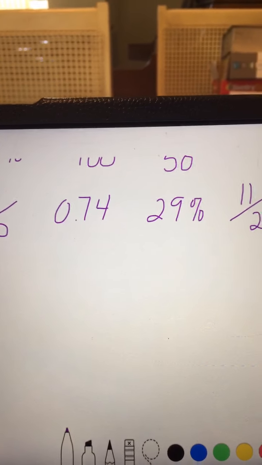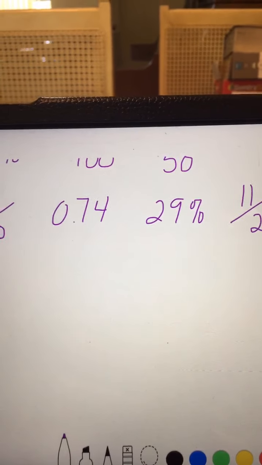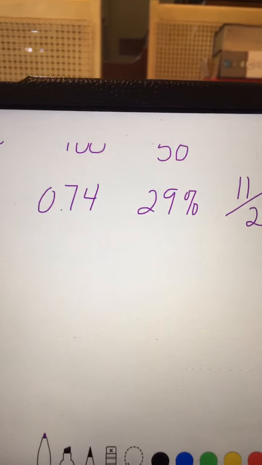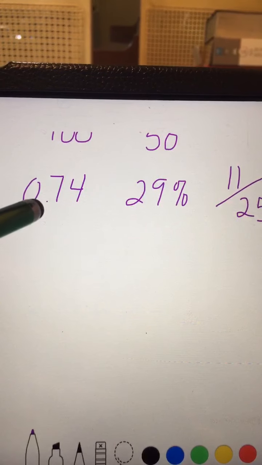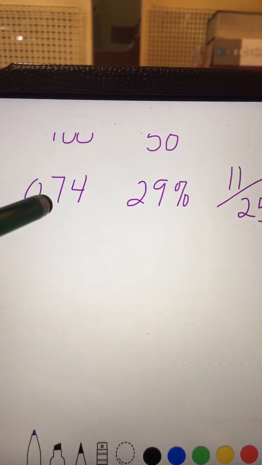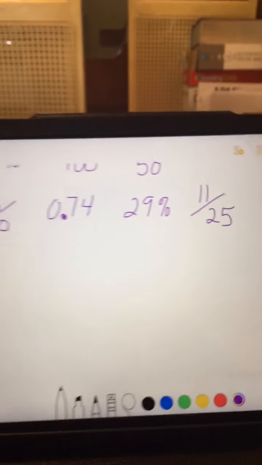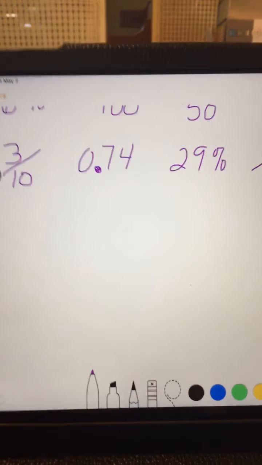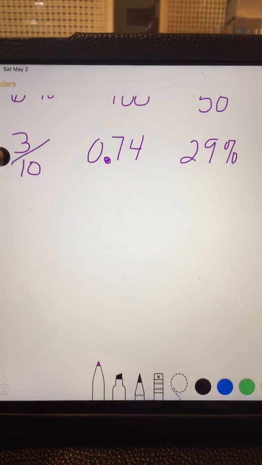All right, so first thing I'm going to do is evaluate my forms. And I like decimals. I like to put everything in decimals first, because to me it's just easier to see and compare them. All right, so let's put them all into decimal form.